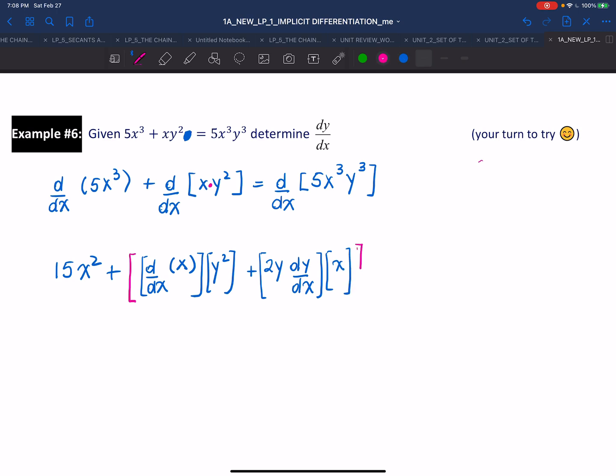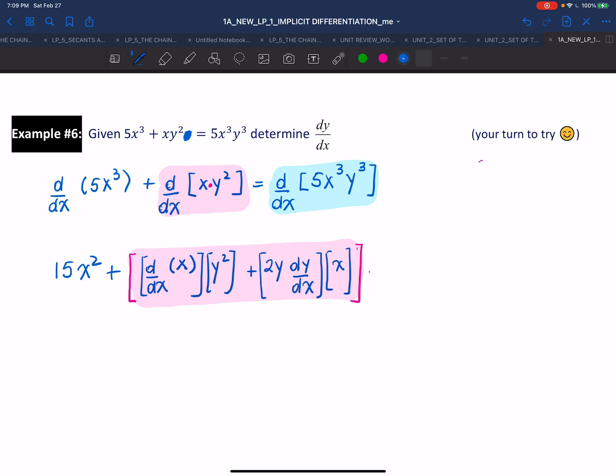And we'll close this down. So notice again that here we just differentiated this one product. In the same way, we'll continue with the other side.